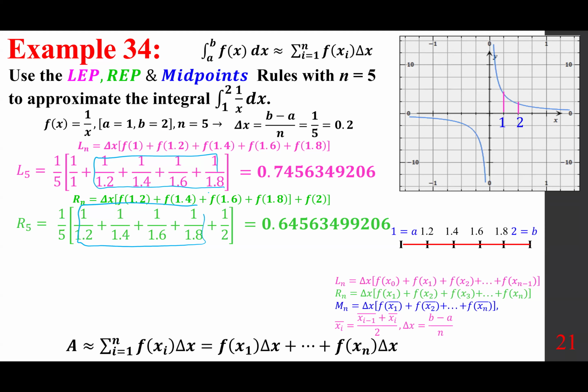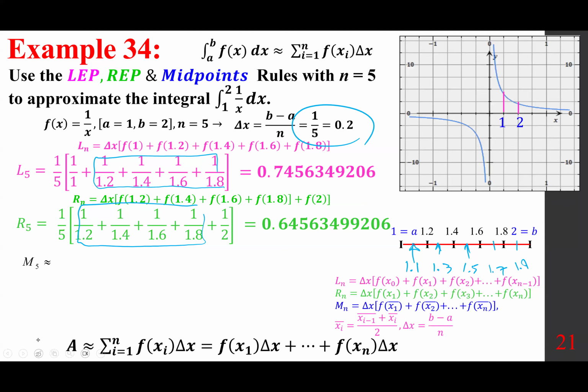What about the midpoints? So just look at the first midpoint. It's just 1.1, right? Between 1 and 1.2 is 1.1, or just add them up, divide by 2. Then just add 0.2.